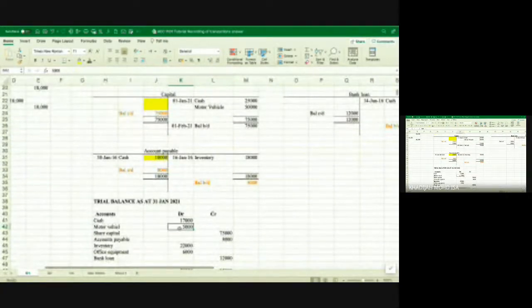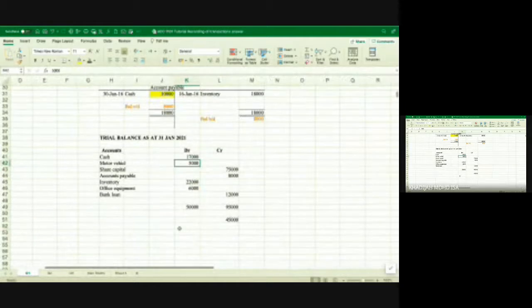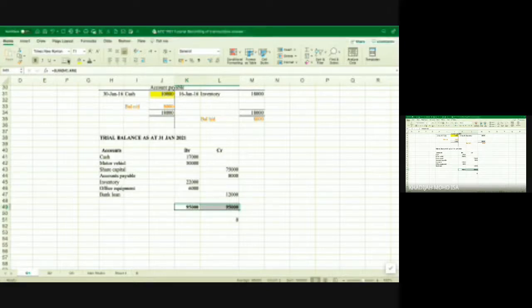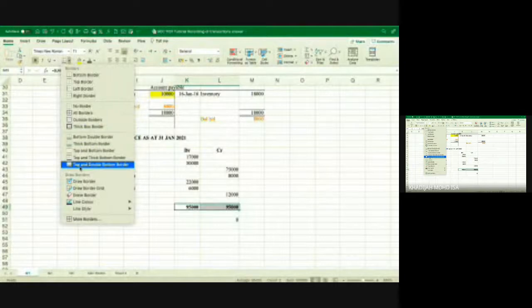Oh, here, see, I put motor vehicle as 5,000. It should be 50,000. So that's why I have a difference of 45,000. That's why you need to do the trial balance. Now you see both sides, debit and credit, are the same. So that's how you do your trial balance.